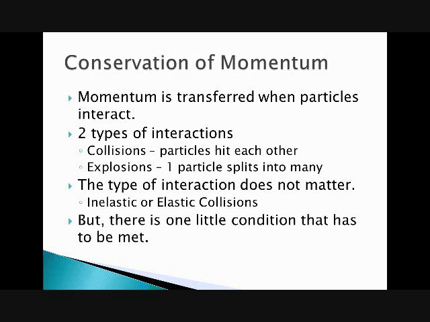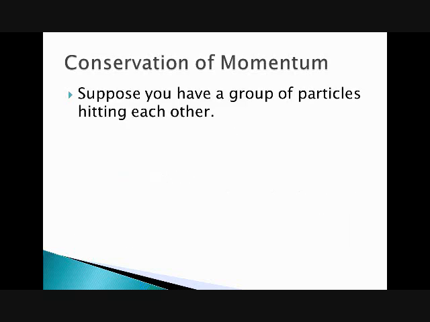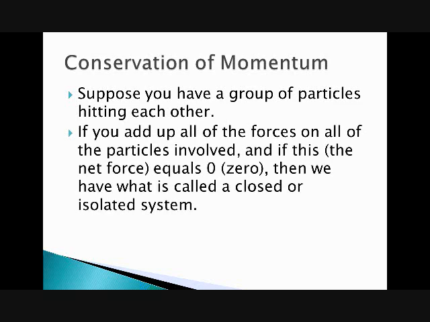Now, there is one little catch. There's one condition that has to be met for momentum to be conserved. Suppose you have a group of particles hitting each other, and when they hit each other, they apply a force to each other. If you add up all of the forces on all the particles involved in this interaction, and if this net force, this total amount of force, is 0, then we have what's called a closed system.